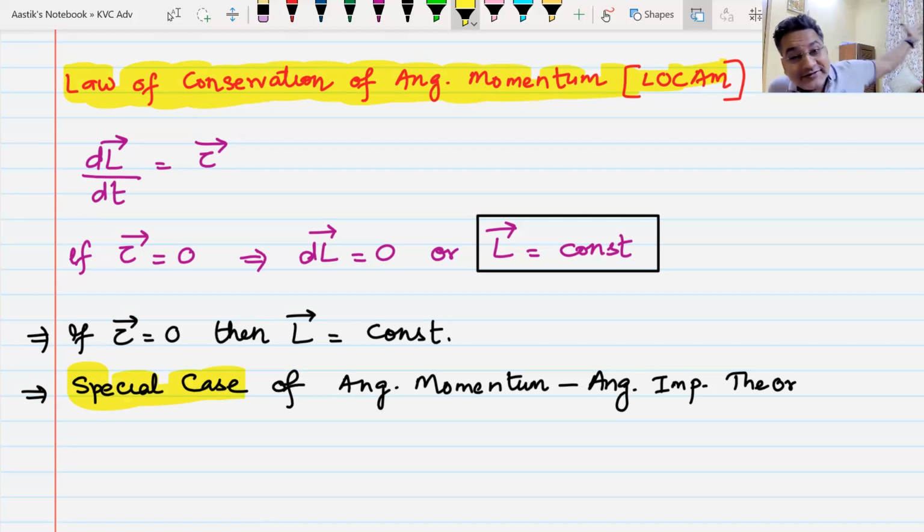Did we hear this mother-daughter relation before? It came in linear motion also. Linear impulse momentum theorem. Impulse momentum theorem is the mother theorem. Yes, sir. Law of conservation of linear momentum is the daughter theorem.